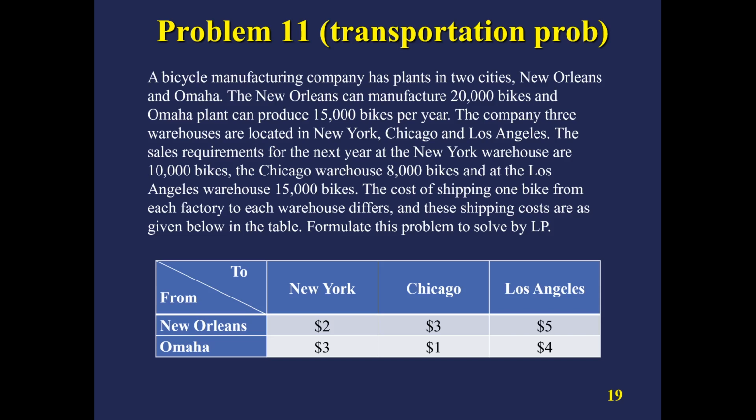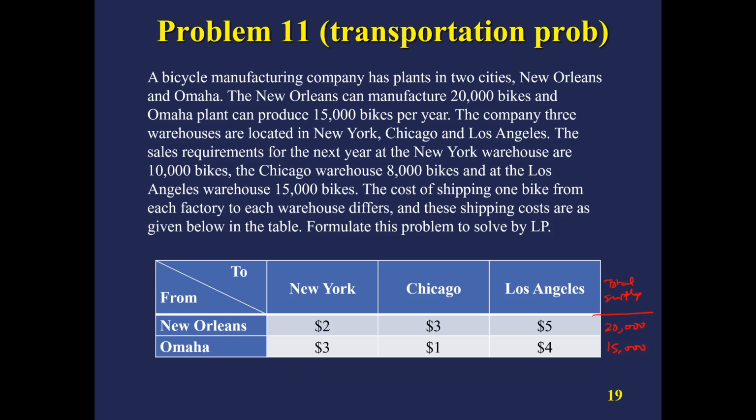So we can say this is the total supply here. New Orleans has 20,000 bikes, and Omaha has 15,000 bikes.